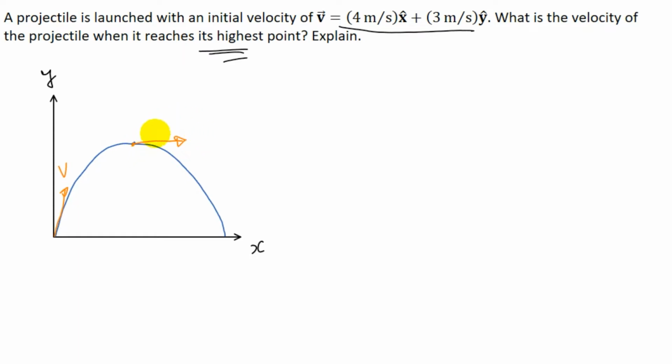Therefore at this point the projectile has only the x component of velocity, which is 4 meters per second. So at this point the velocity of the projectile will be 4 meters per second x cap. The y component goes to 0 at this point. So this would be the answer for this question.